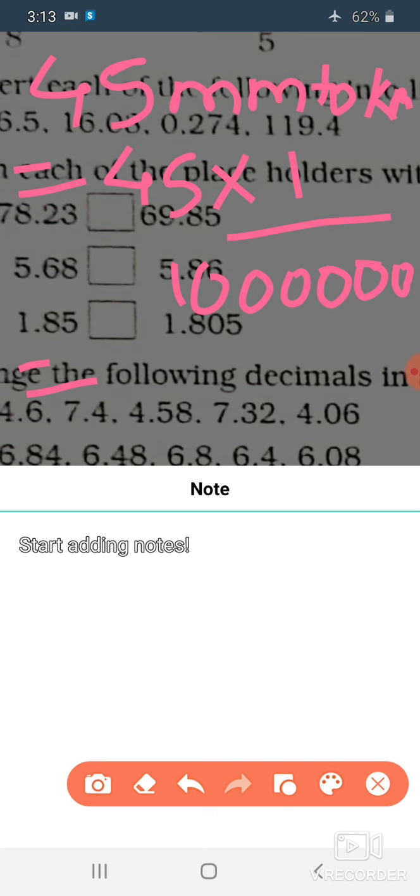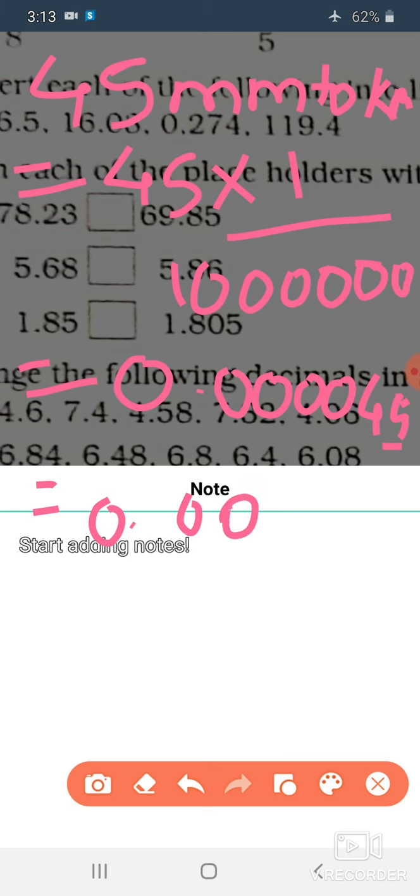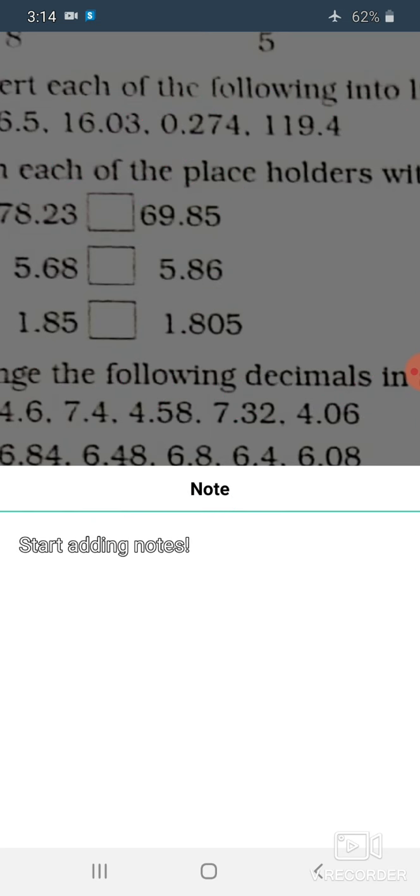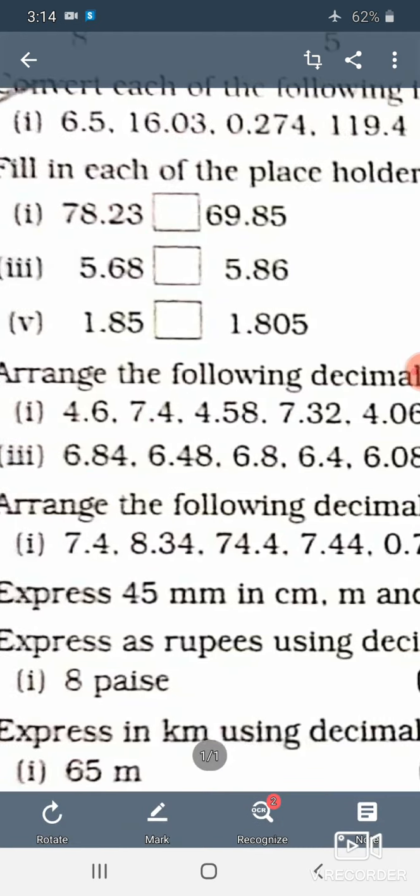Now 2 digits are already there, so to make 6 digits in the decimal part, we need to add 4 zeros. 1, 2, 3, 4, then 45. I'm writing it properly here, 0.000045. Okay, solve it yourself also. Now let's see the next question.